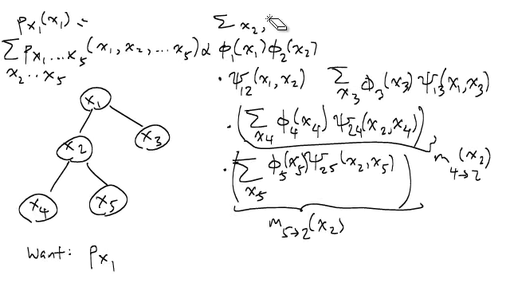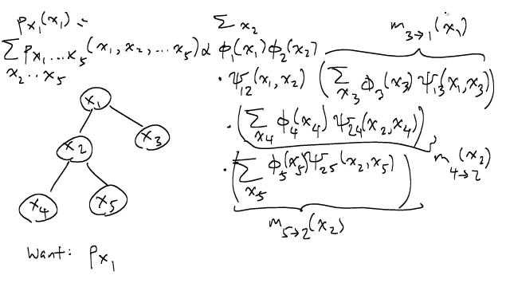Okay, so we'll have the following, and this thing we'll call the message from 3 to 1 of x1. Finally, we notice that we can push in the summation over x2 past the phi1 of x1, which doesn't depend on x2, and we could do the same past this m3 to 1 of x1.